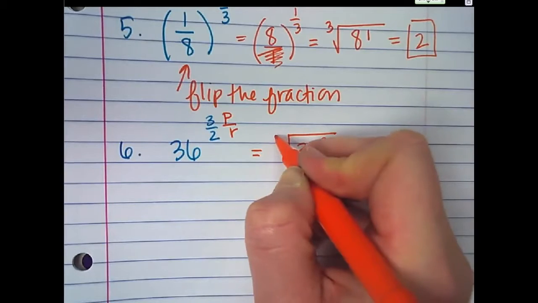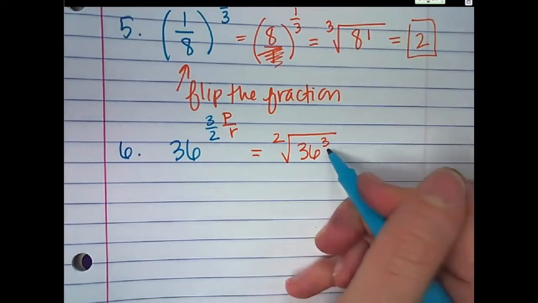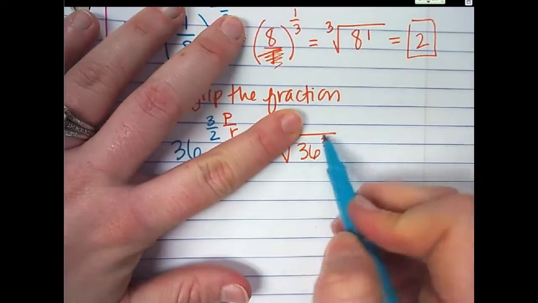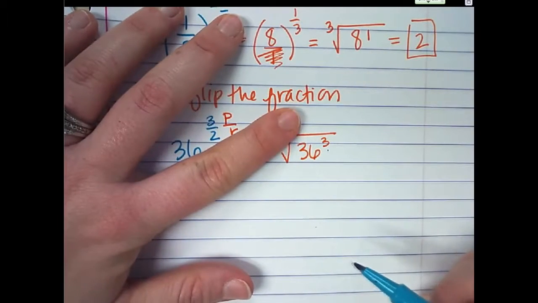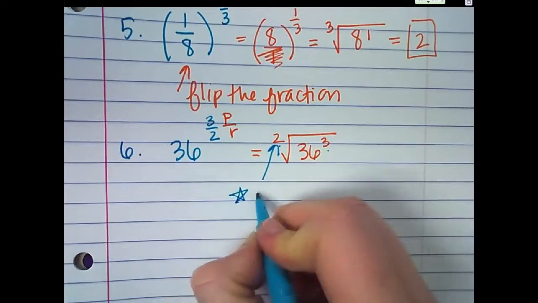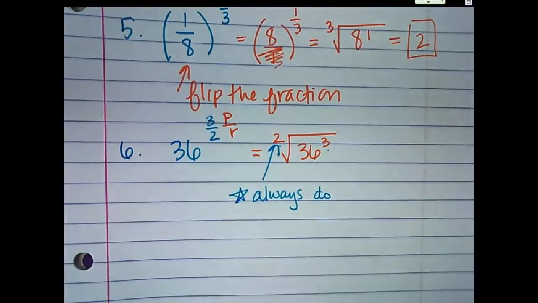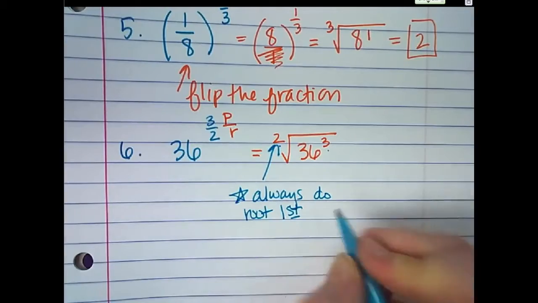And my root? 2. Okay, technically you can do either of these numbers first. But if you ignore that for a second, what's 36 to the 3rd? It's some big number. I have no idea what it is. So do the root first. Always do the root first. So you'll do square root of 36, which is 6. Always do the root first, because that makes it a smaller number.